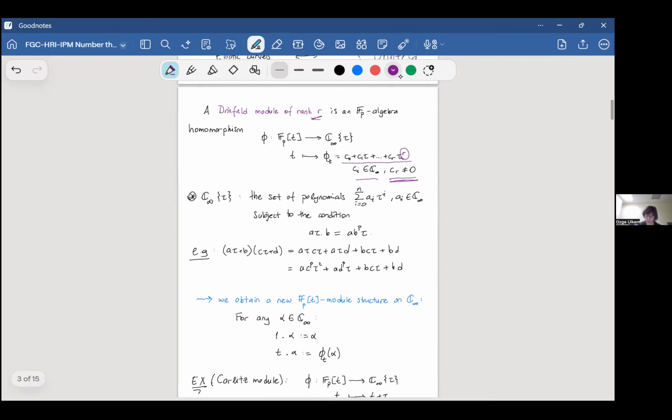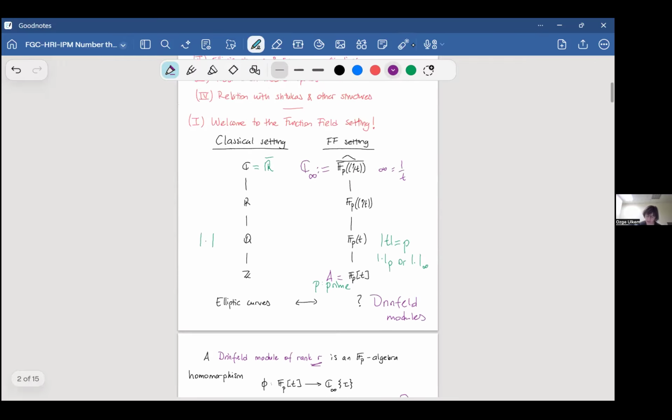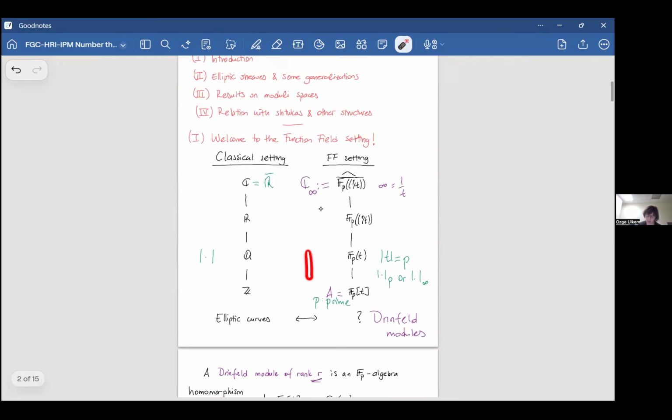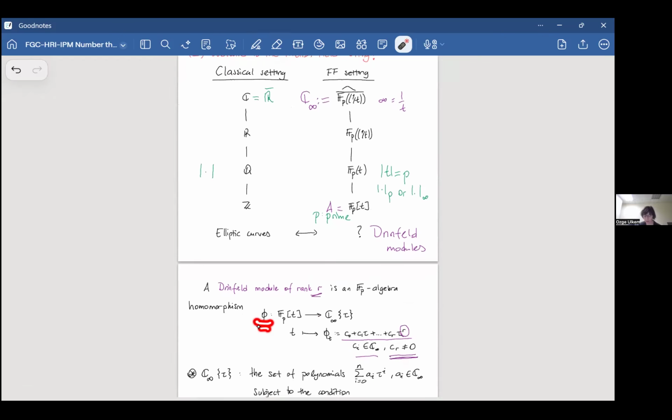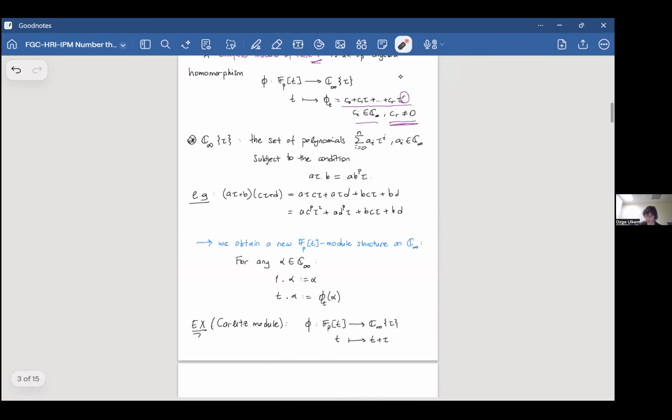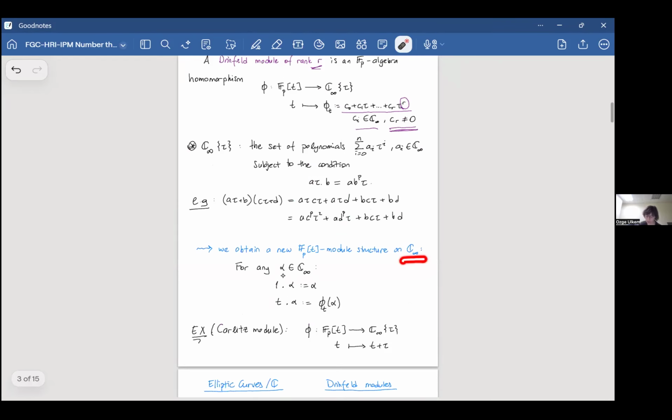By our construction, there is already an F_p[t]-module structure on C_infinity. But by using phi, we can define a new F_p[t]-module structure on C_infinity, namely, for any element in C_infinity, 1 acts as the identity, and t now acts by this polynomial.